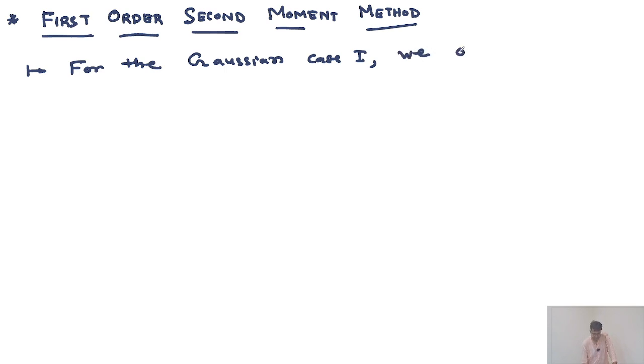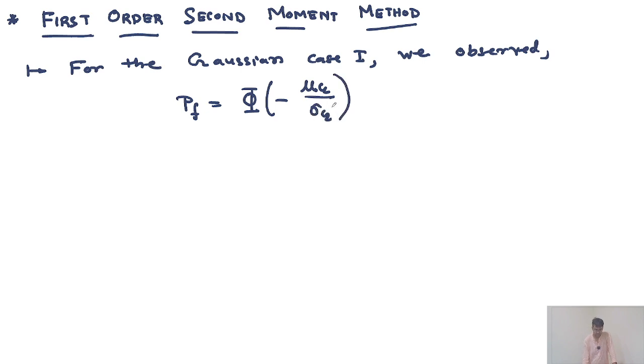We observed probability of failure is equal to phi of minus mu g by sigma g. Okay, in the first case we observed that.